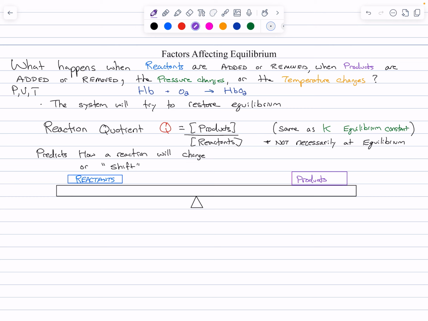If we added more reactants, the teeter-totter would start to look like this, and some of these would have to come back over here. If I had too many reactants, some of them would have to come to the product side, and the reaction would shift. Weight would shift to products.